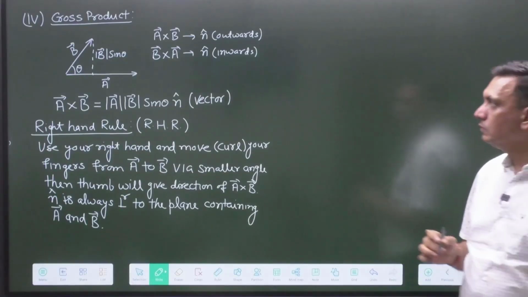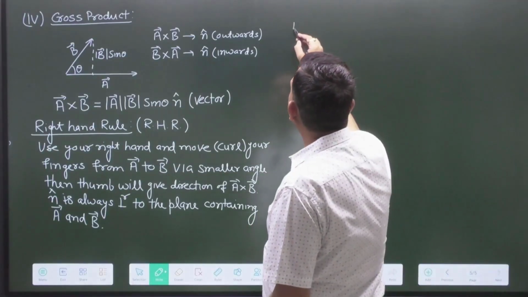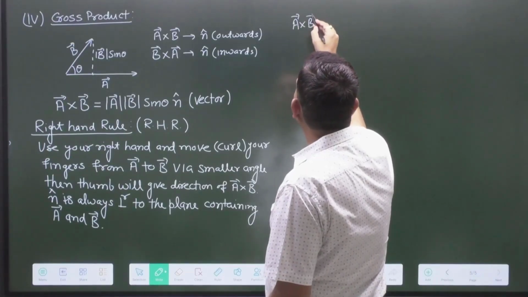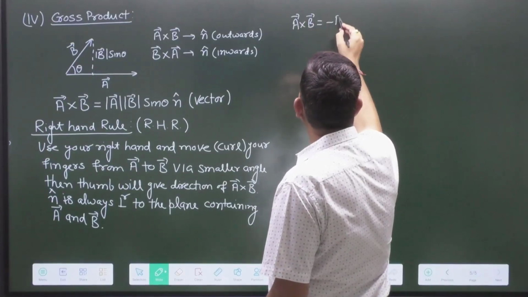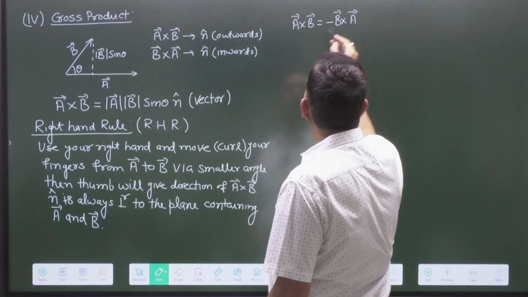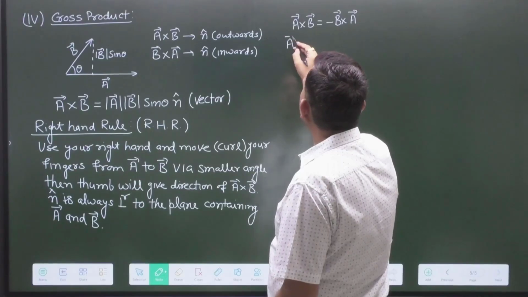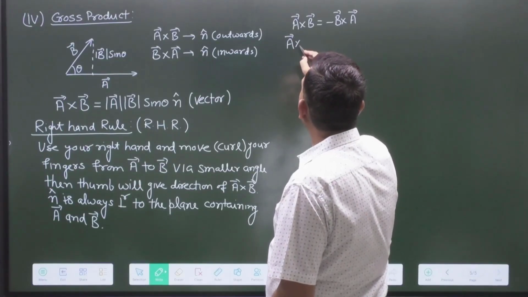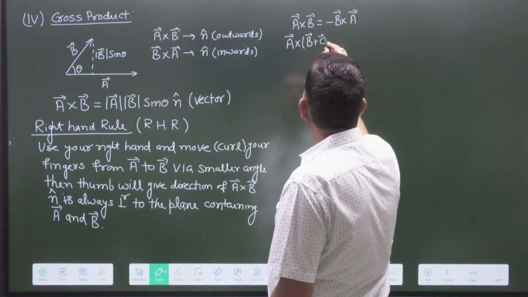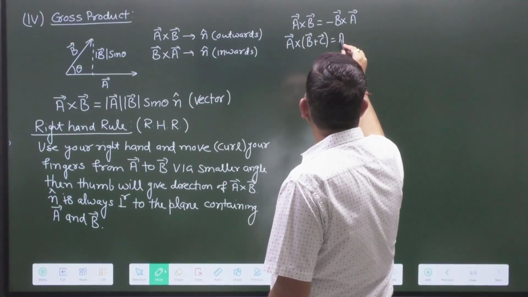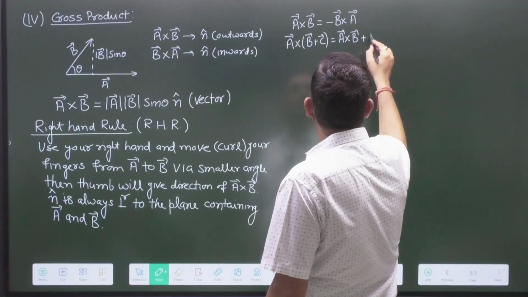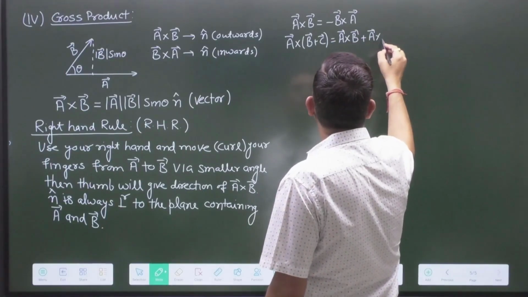So they do not follow the commutative law because A cross B is minus of B cross A. But they follow the distributive law: A cross B plus A cross C.